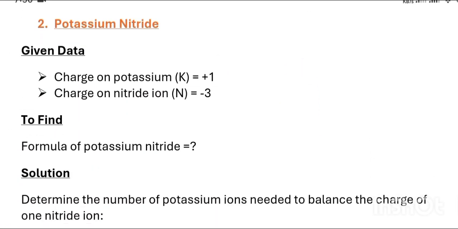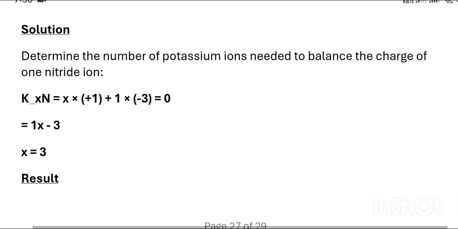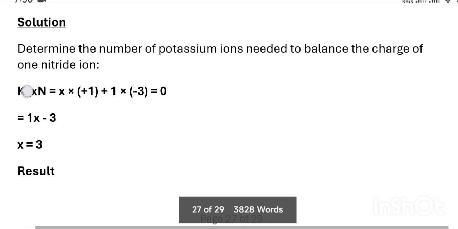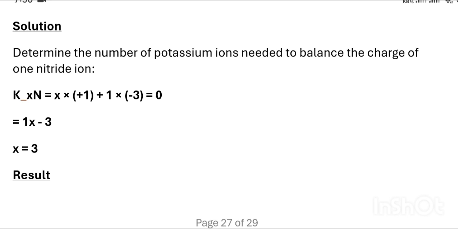Next, number 2, potassium nitride. Now the charge on potassium is +1 and on nitride it is -3. We have to find its formula. Let's see the solution. Again we use the same technique, K, x and N. K is multiplied by N, where the subscript x represents the number of potassium atoms required here.